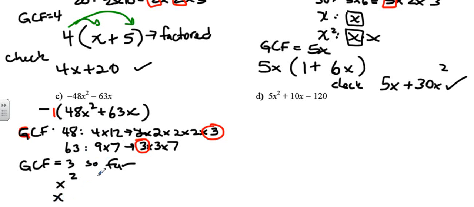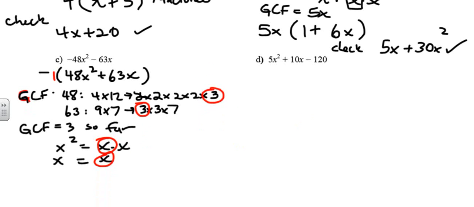And you've seen this before, so this shouldn't take you too long. This is x times x. This is x, and we have one common x. So the GCF is also x. So the GCF is x times 3, so it's 3x.